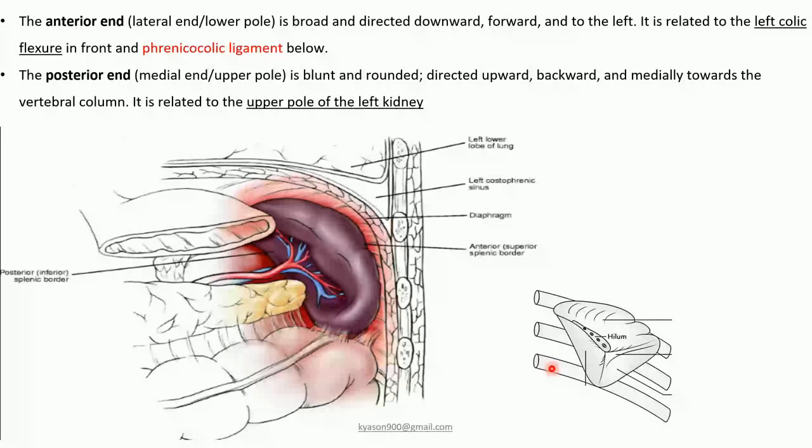The anterior end is going to be adjacent to the splenic flexure, what we call the left colic flexure. Then the posterior end is going to be close to the upper pole of the kidney. We have the kidney around here, though it's not labeled. This kidney is going to be close to this posterior end of the spleen.